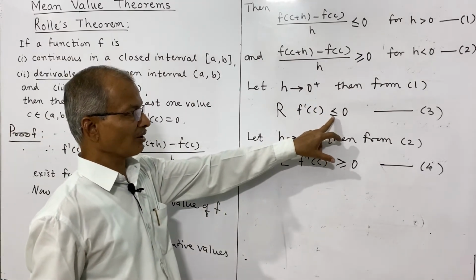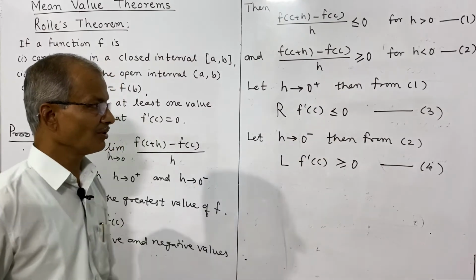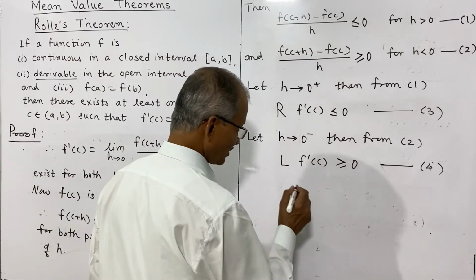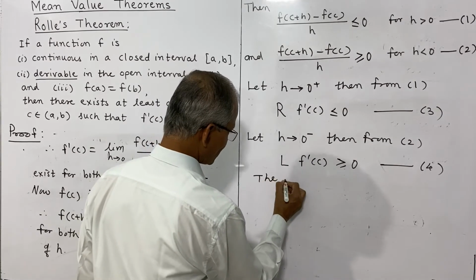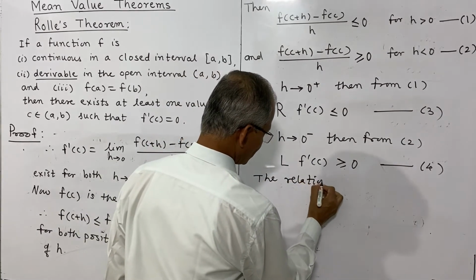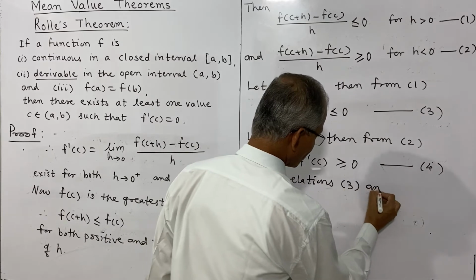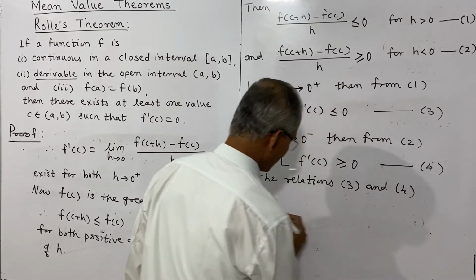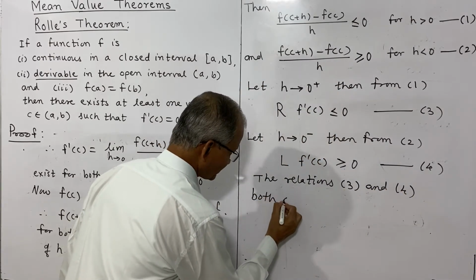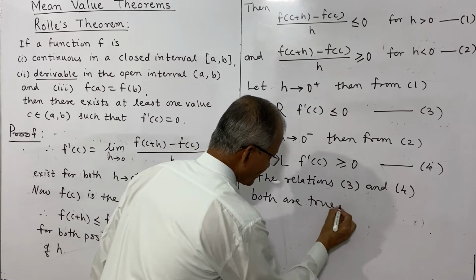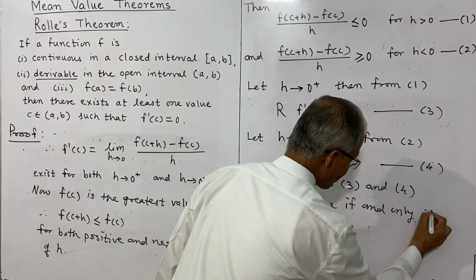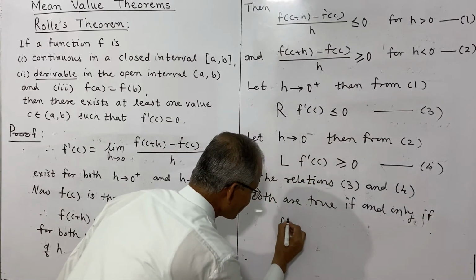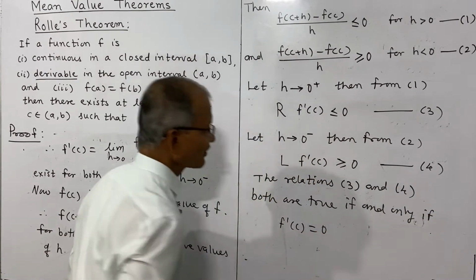Equality holds for the common value 0. The relations 3 and 4 both are true if and only if f dash of c is equal to 0.